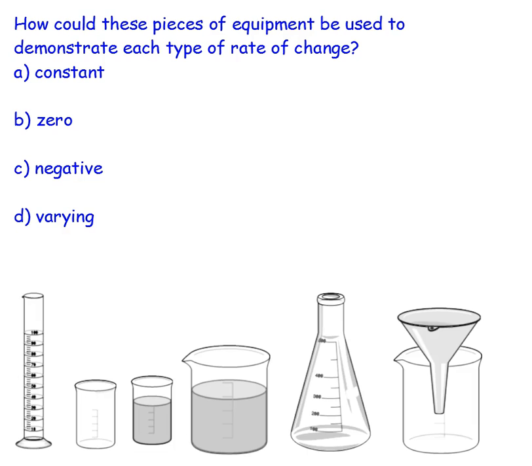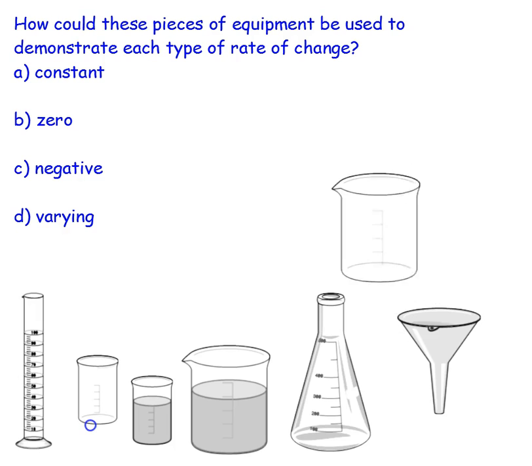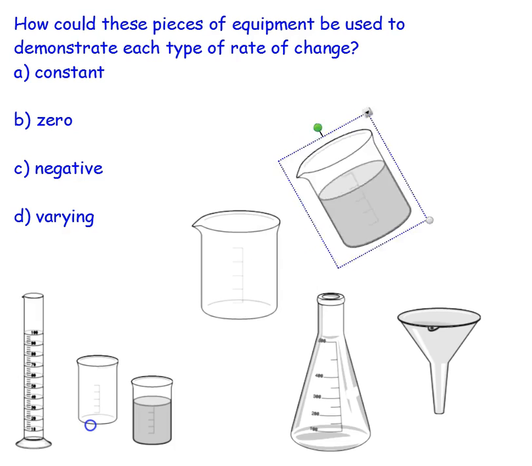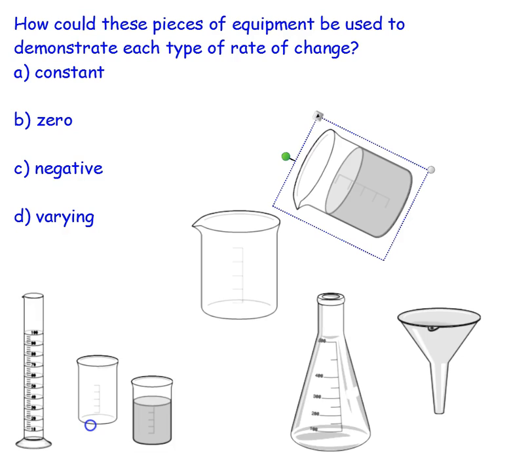Taking any of these beakers that have a uniform shape, the little one, the big one, and filling them up from another full beaker of either the same size or smaller size would accomplish that constant rate of change, provided we poured it at a constant rate.